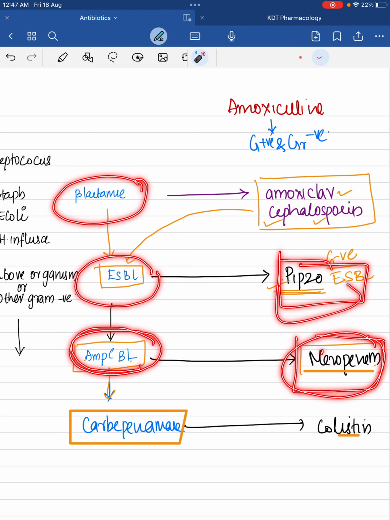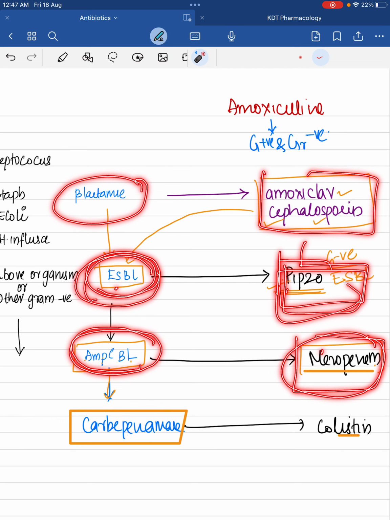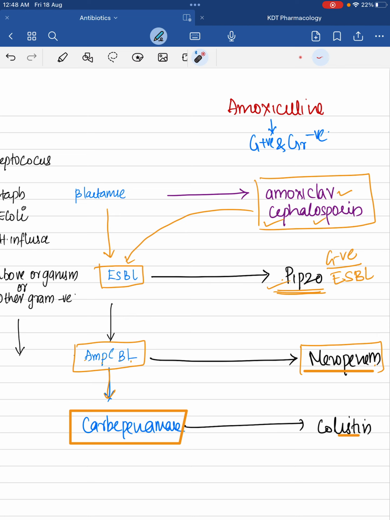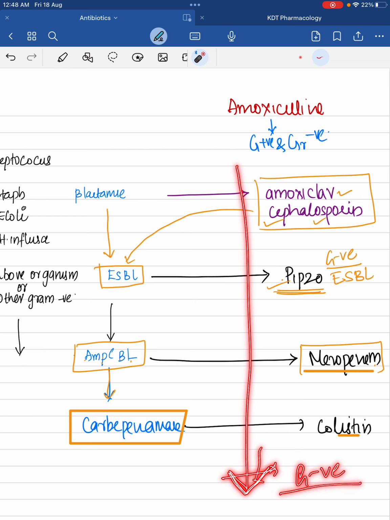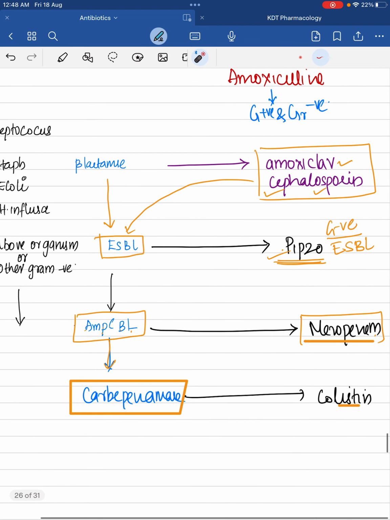That's why Pibzo is more superior to amoxiclav and cephalosporins in acting against a gram negative organism which is producing ESBL also. So that's why this is the order of antibiotics with respect to acting against especially gram negative or any other bacteria which produce beta lactamase.